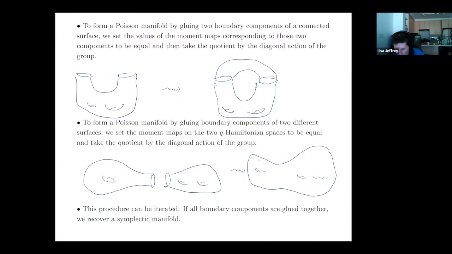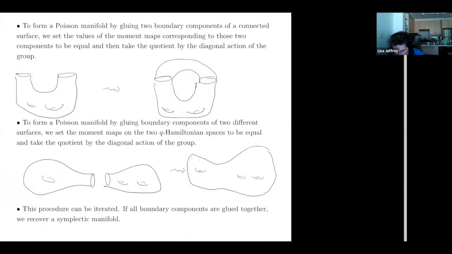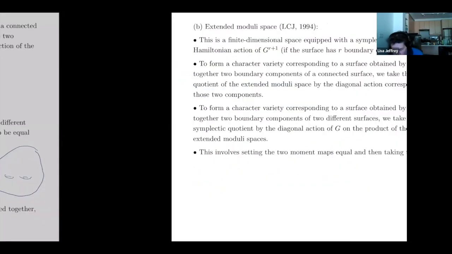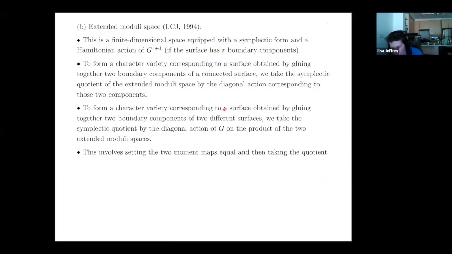If you have two different surfaces, as in this picture, you form a character variety corresponding to a surface obtained by gluing together two boundary components of two different surfaces. Then we take the symplectic quotient of the diagonal action of G on the product of the two extended moduli spaces.